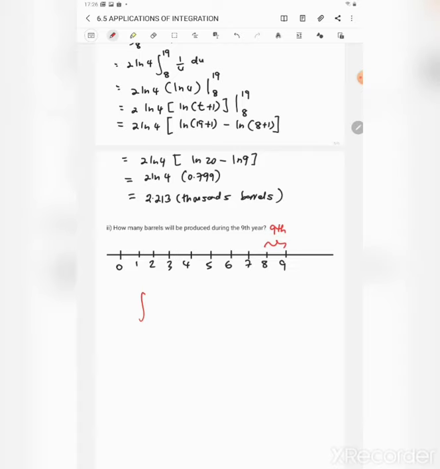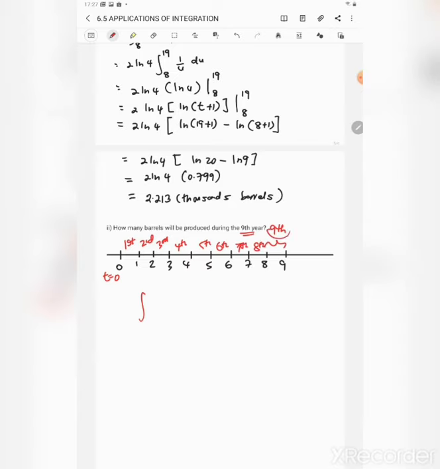When we say the 9th year, t is equal to 0 at the start. So t from 0 to 1 is considered the first year, 1 to 2 is the second year, then third year, fourth year, fifth year, sixth year, seventh year, and eighth.